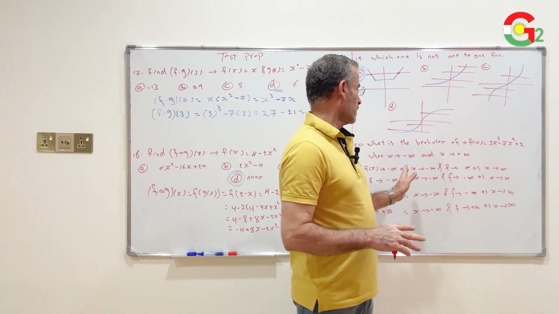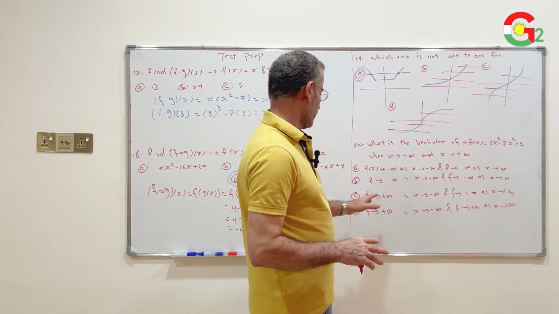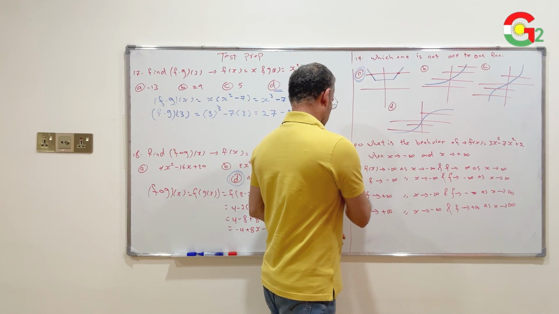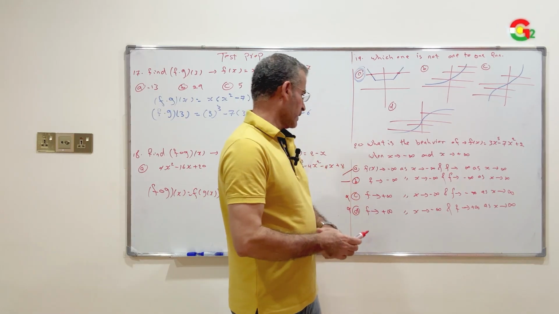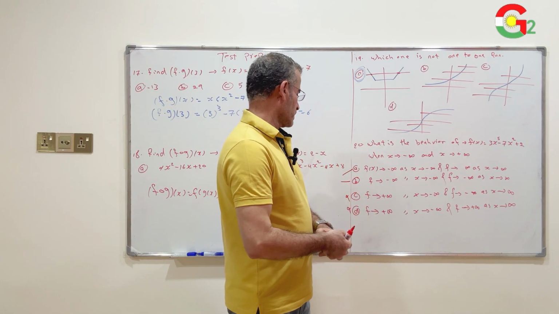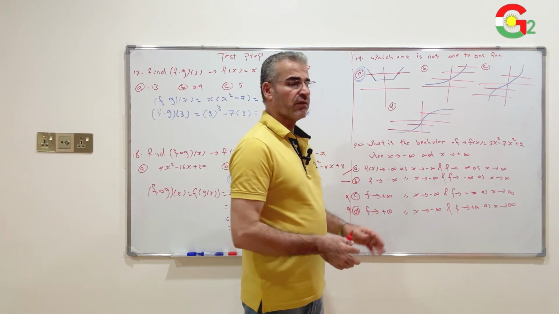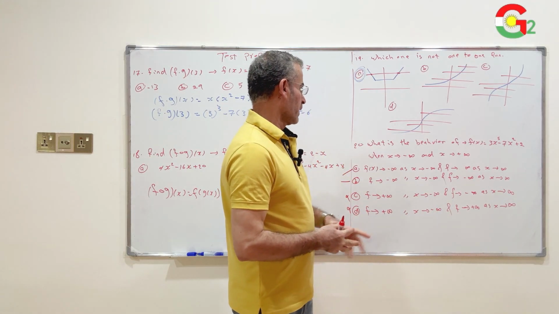Then when x tends to negative infinity, f of x also tends to negative infinity. Either A or B. The choices C and D are wrong because they say that when x tends to negative infinity, f of x tends to positive infinity.